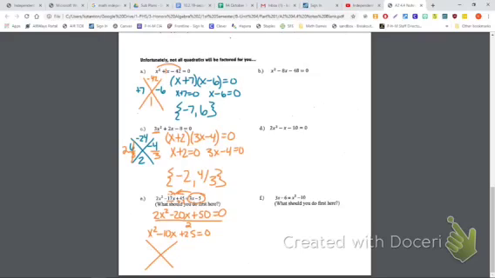Multiply the outside, 25, drop down the inside, negative 10. This is a perfect square, guys. Negative 5 and negative 5. So we end up with (x - 5) squared equals 0. x - 5 = 0. So x equals positive 5.